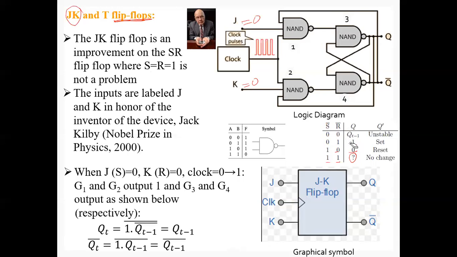Right, so what happens is, what is the input of G1 and G2? So what is the output of G1 and G2, sorry? What is the output of this guy? Can anybody help me, please? What is this guy here?